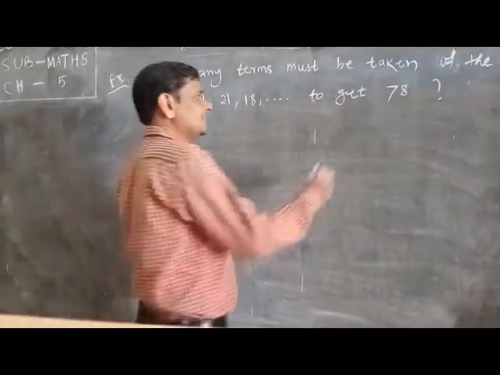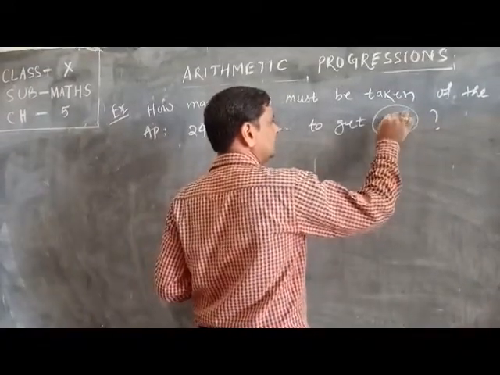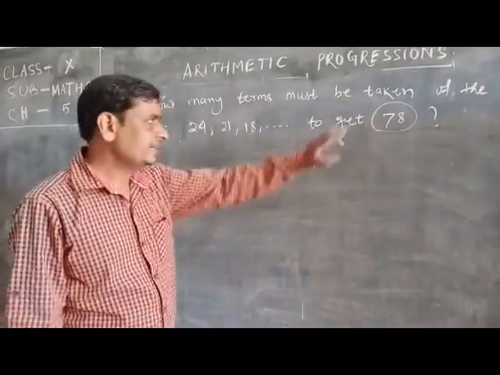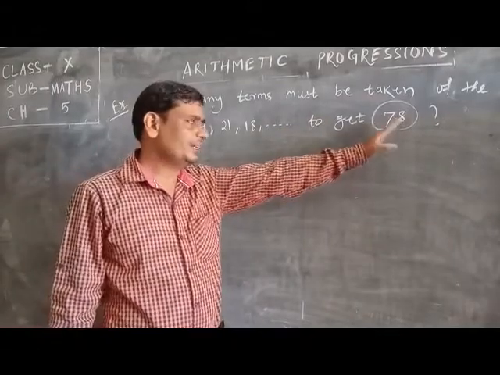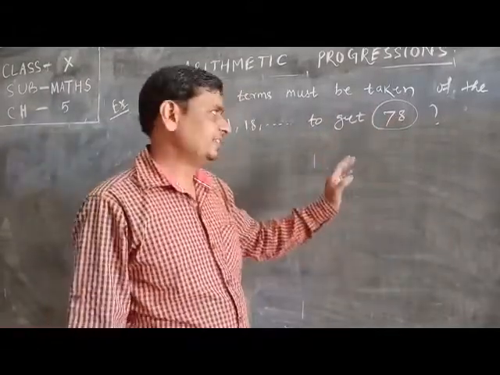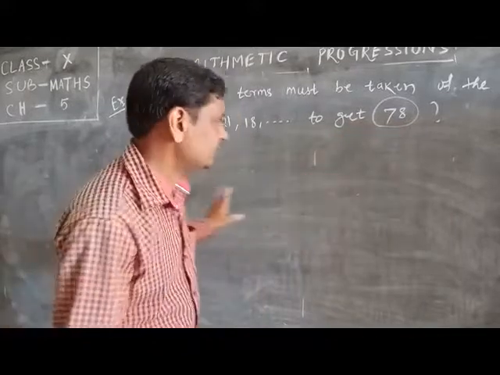Here it is given that Sn, the sum of some terms, is 78. We have to find how many terms are taken here. We have to find the value of n.